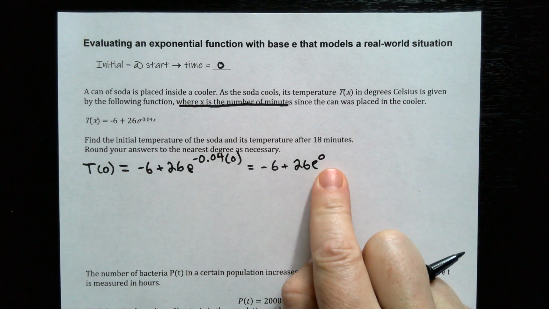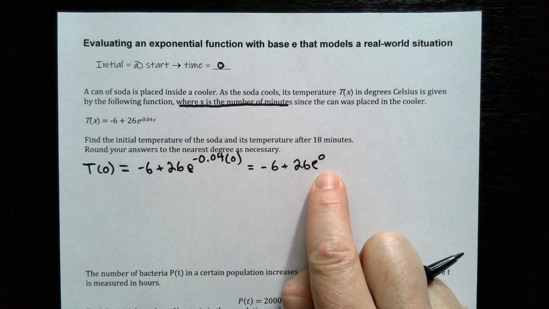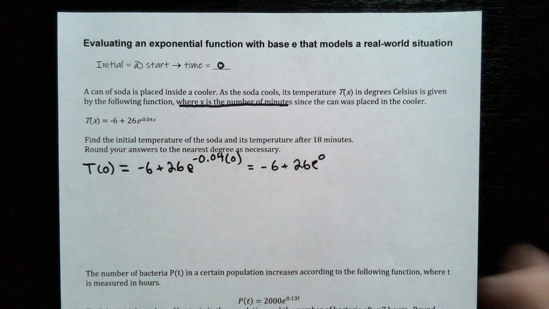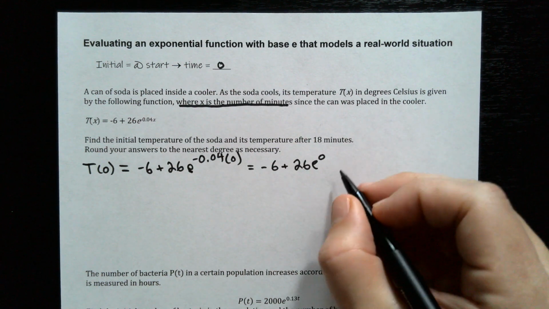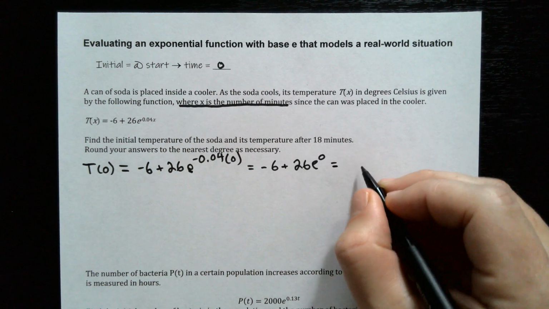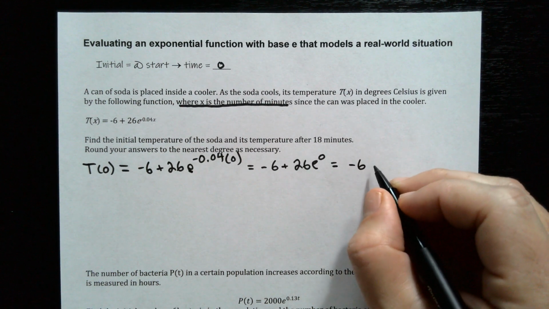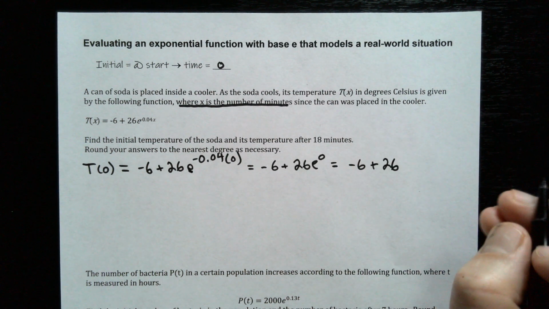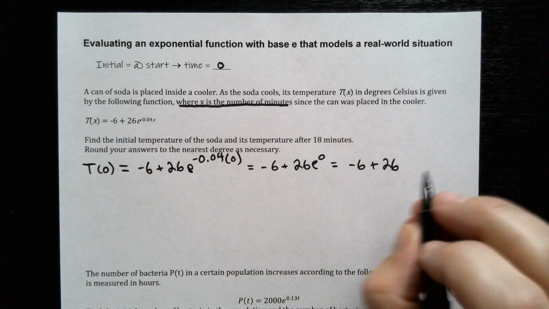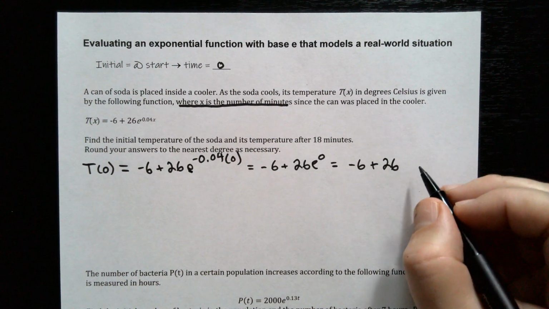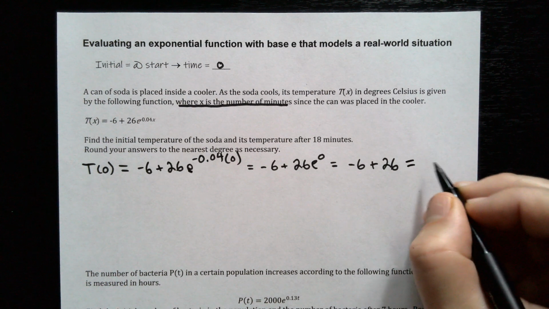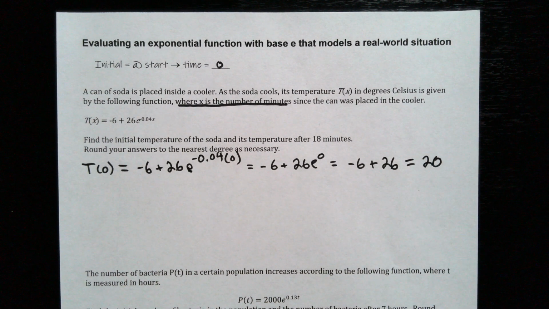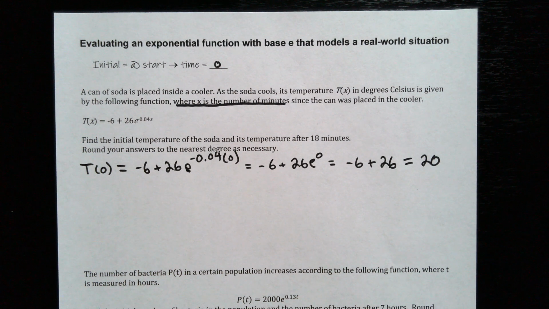We also know that anything except 0 raised to the 0 power gives you 1. Okay, so this would turn into -6 plus 26. Given that, we can add these together and we get 20 degrees. And we can confirm that in the calculator in a second.